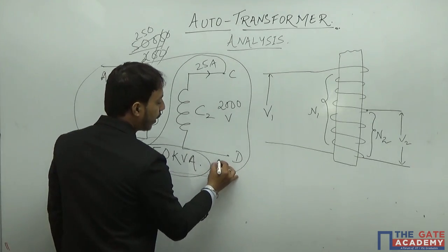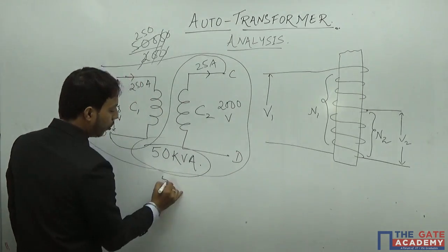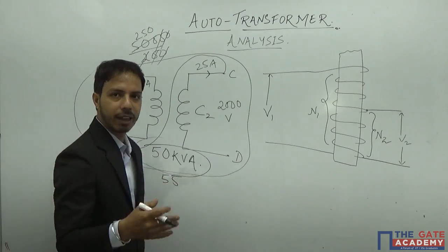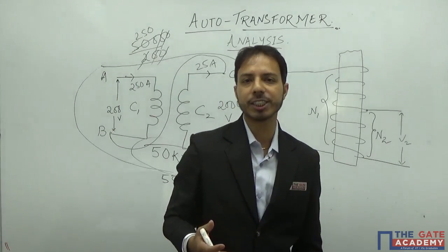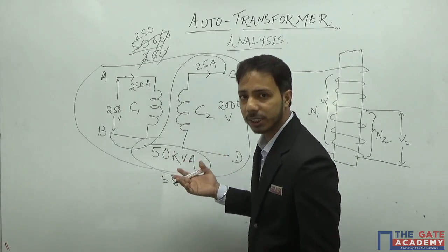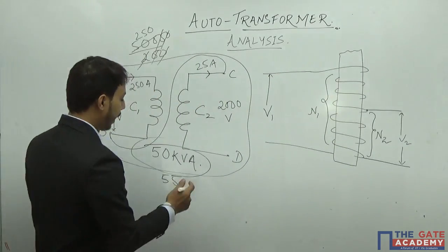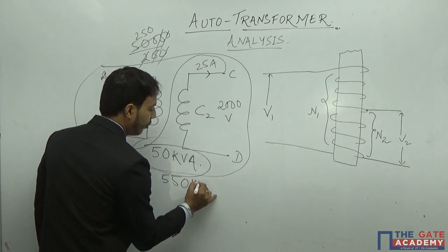That means the rating of this autotransformer will be, I can make different possible connections, so the maximum kVA for this setting is 550 kVA.